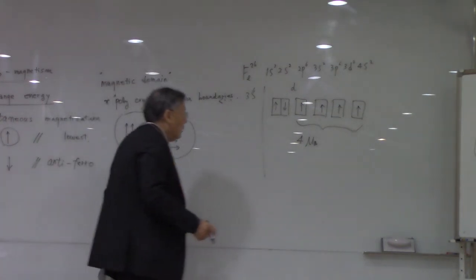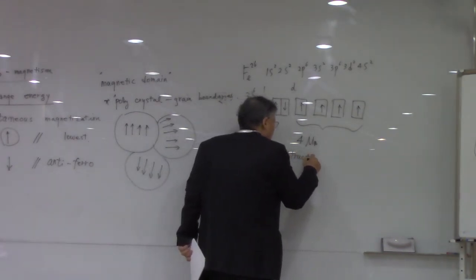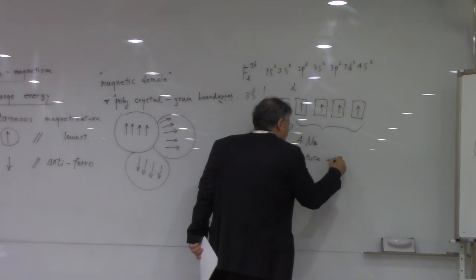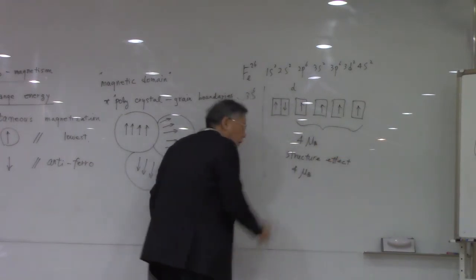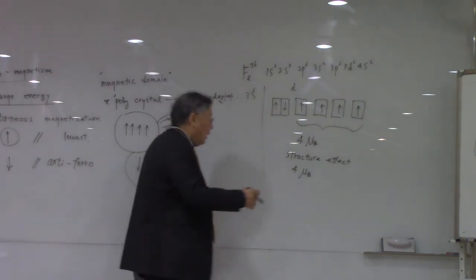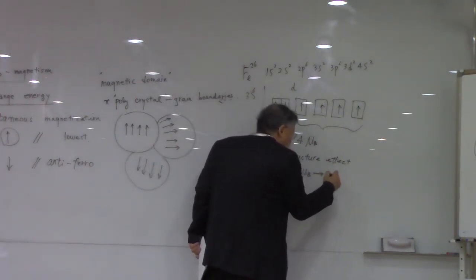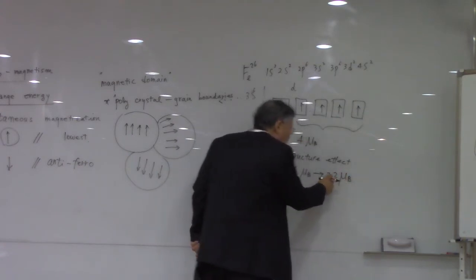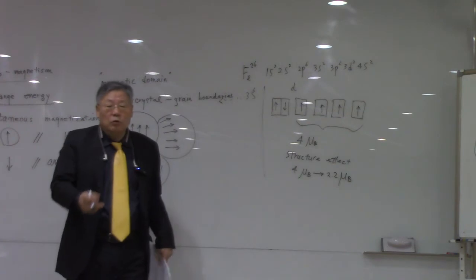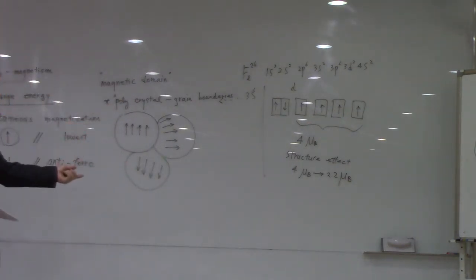But because of the structure effect, it should theoretically be 4 Bohr magnetons. What we measure turns out to be decreased to 2.2, and that's just from the structural effect.